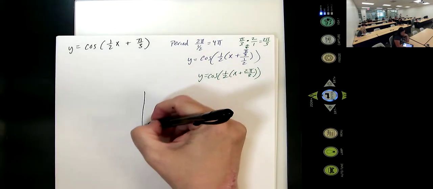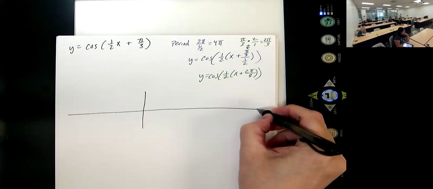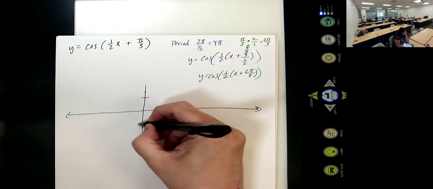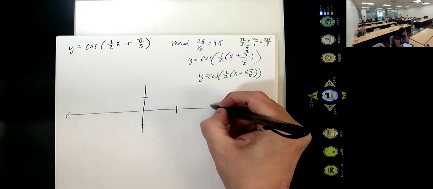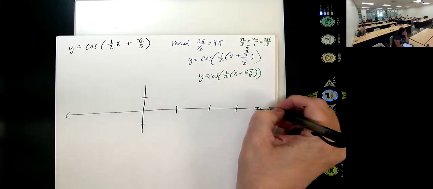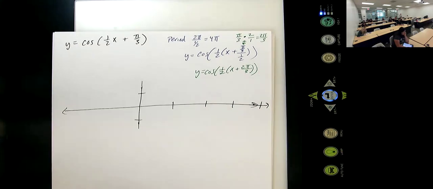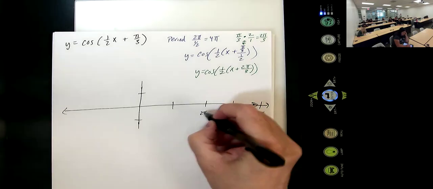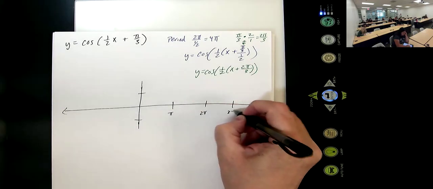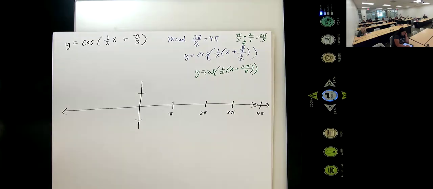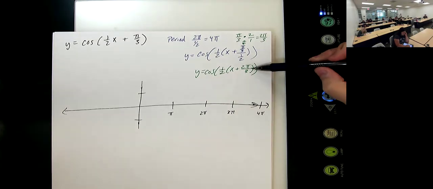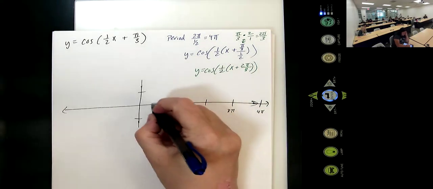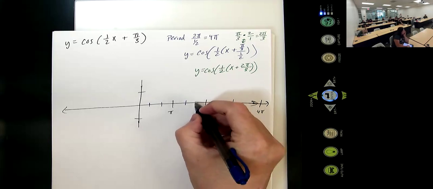My period is 4 pi. And since I'm going to be shifting by increments of pi over 3, I'm going to put little 3 increments in between each of these.